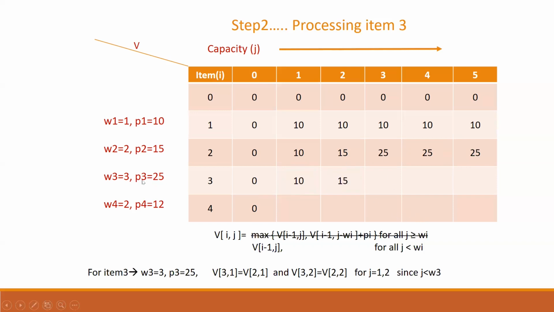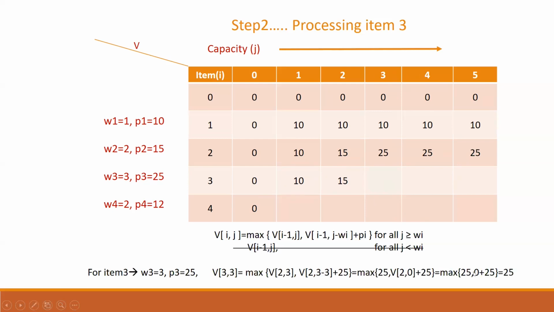So this item can be held only in these 3 bags. If you take the bag capacity 3, we can hold item 3. Now the profit becomes 25. The previous solution also gives 25, and the new solution also gives 25. So we can choose this item, that is, item 3 is considered now.